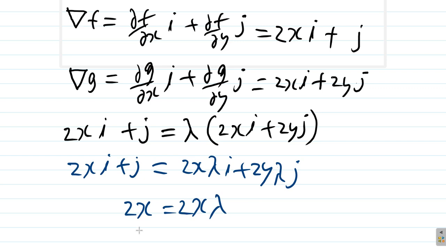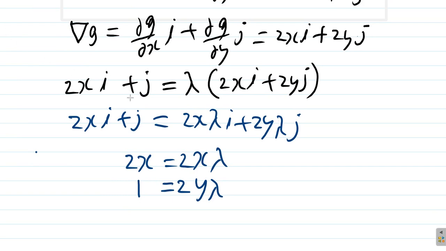So you could say 1 is equal to 2y lambda. Remember, you don't bother to write the I and j. You don't need that because they would cancel out anyway. Because if you write them, you'd have 2xi equal to 2x lambda I, and the I would cancel the I. Alright?